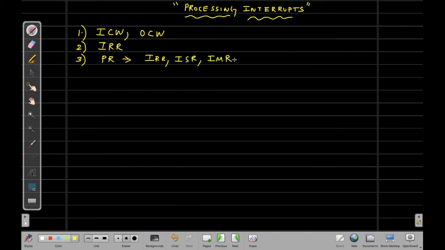ISR is called the interrupt service register, which will have the status of the current interrupt which is being serviced. Then IMR, which stands for interrupt mask register, will have the status of interrupt pins which are masked using software. Based on this, the priority resolver will be able to permit the priority level of the interrupt which is to be serviced.